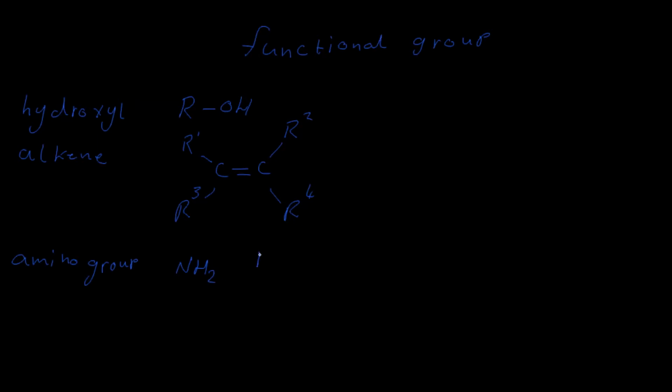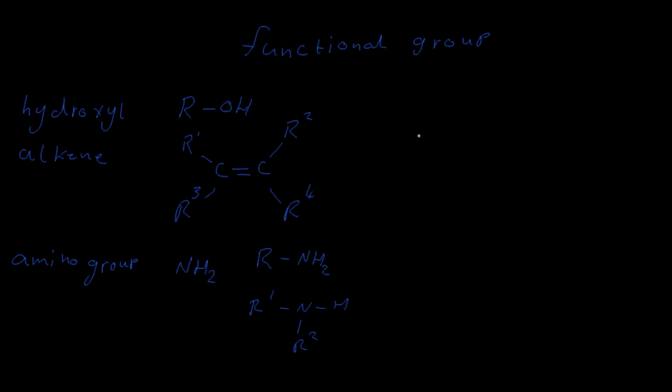So for example, we can have R-NH2, or you can have something like R1, NH, R2. Sorry, no, that's wrong. We want to put the 2 as a superscript, not a subscript. Just like that. There you go. So these are all amino groups.